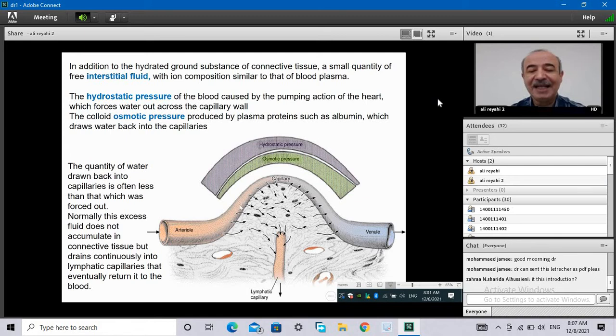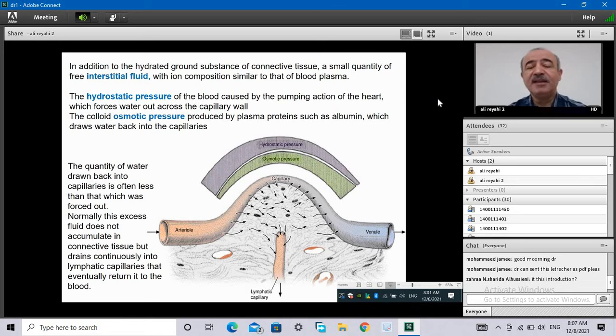At the arteriole end of the capillary, the hydrostatic pressure of the blood is high, and this pressure is formed by the heart by contraction of the left ventricle. The hydrostatic pressure is high in artery and arteriole. The wall of the capillary is thin, okay.